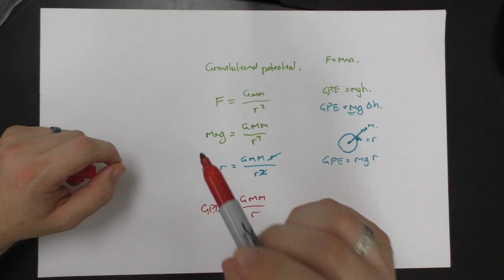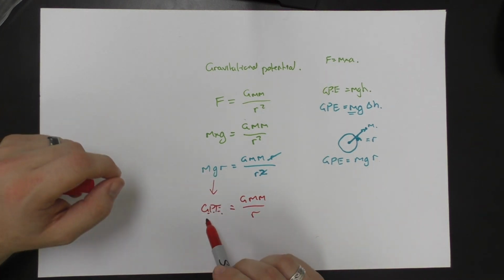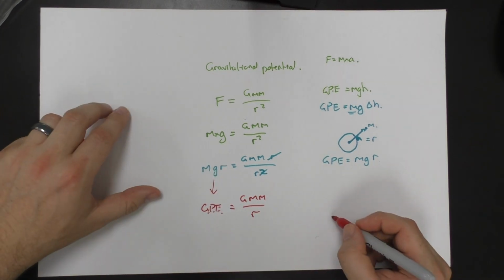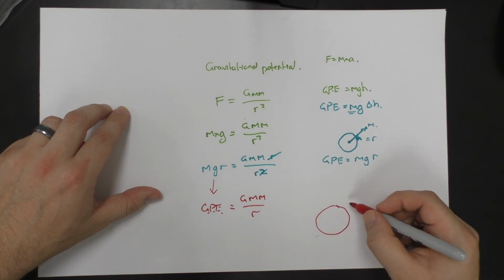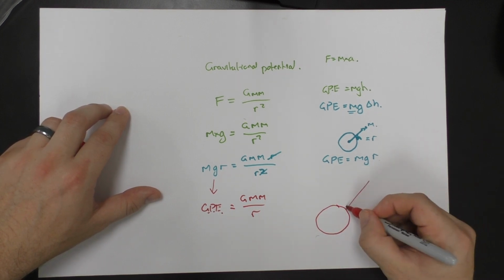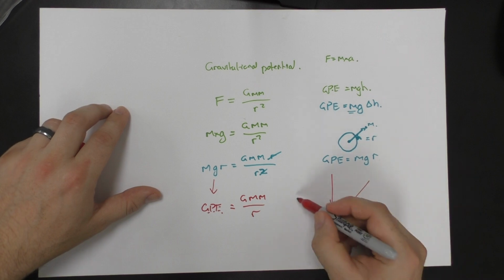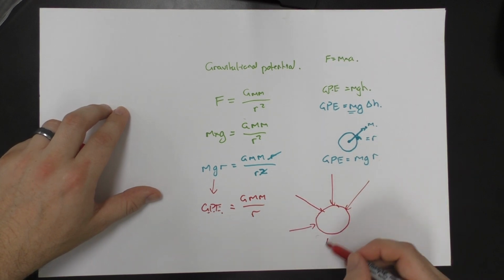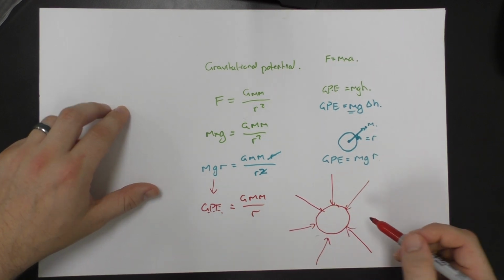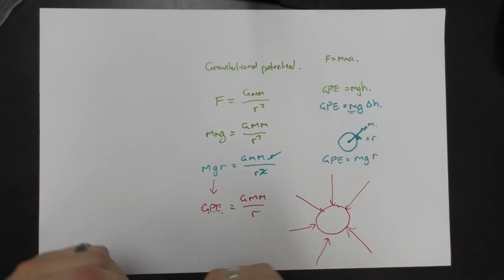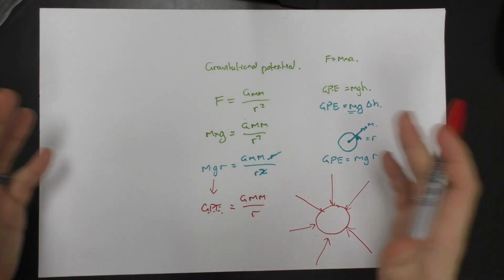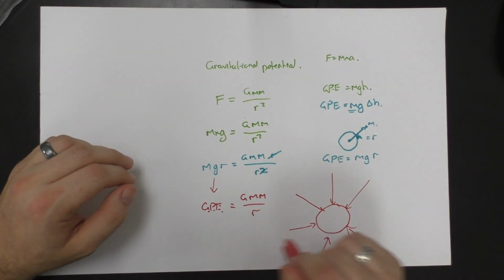The fact that if we want to know the GPE in a radial field, so remember a radial field in terms of the Earth looks a bit like this. And remember, I've got a whole series of videos about radial fields, explaining fields, etc., so it's really good if you want to go back and have a look at all that stuff.